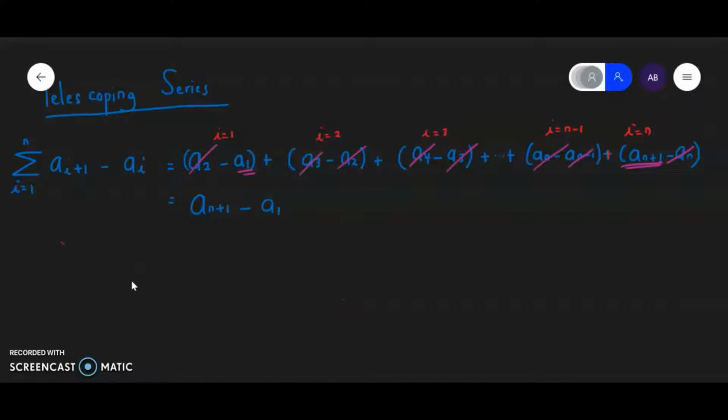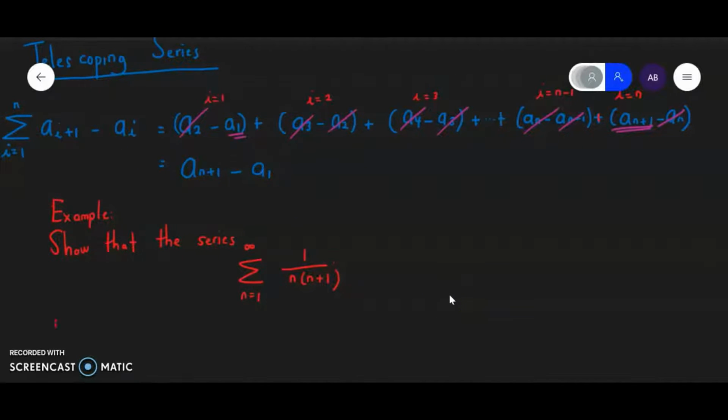This is the example. Show that the series, the summation from n equals 1 to infinity of 1 over n plus 1, is convergent, and find its sum.